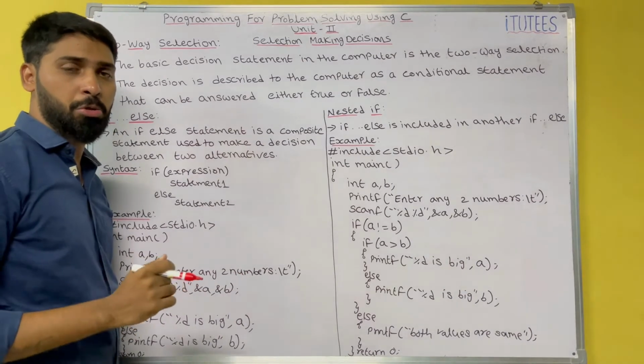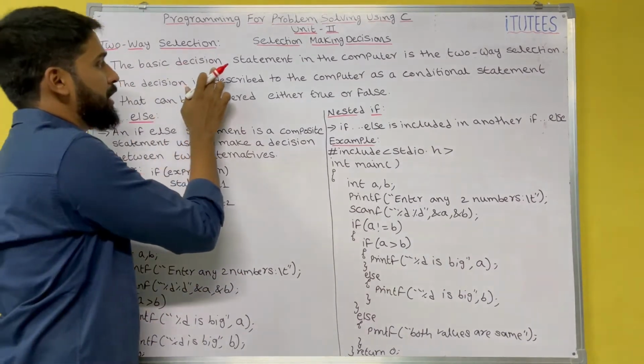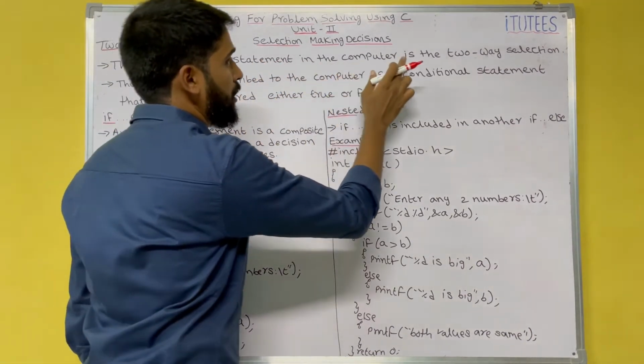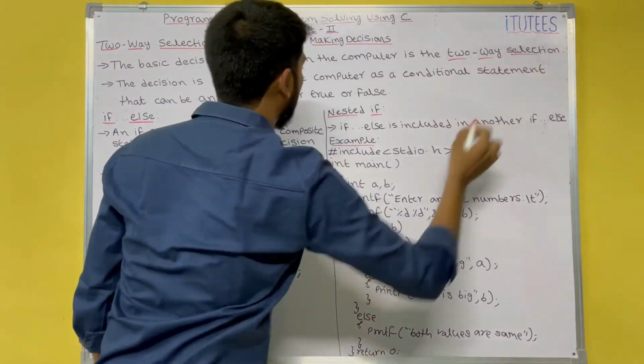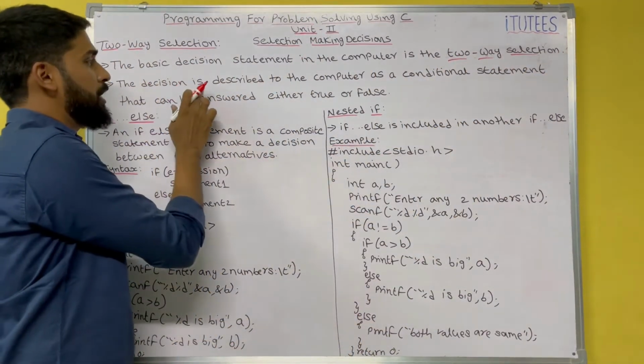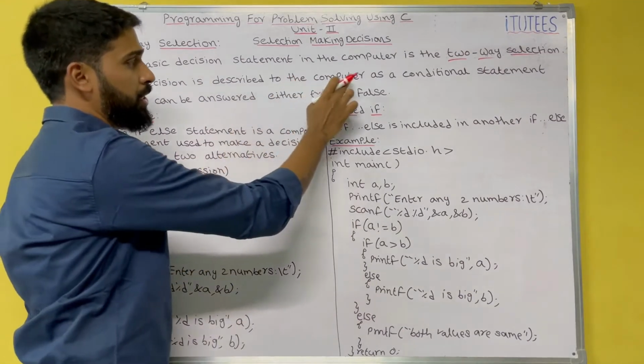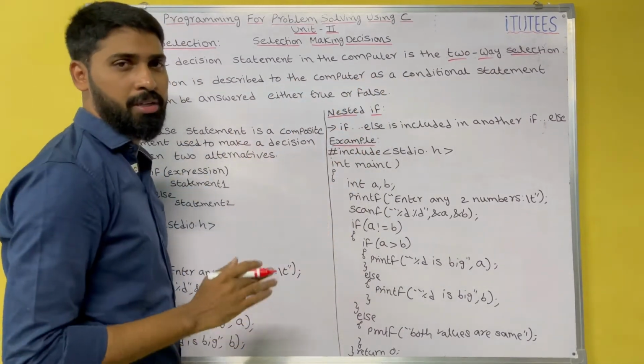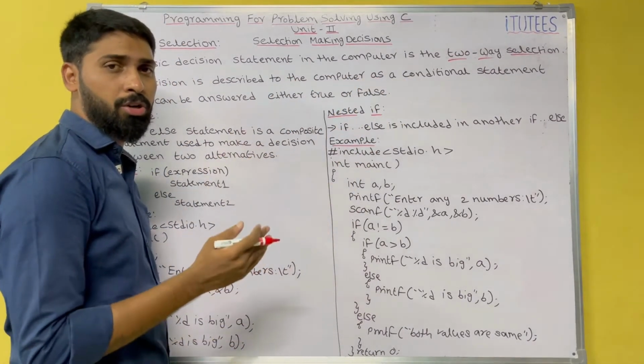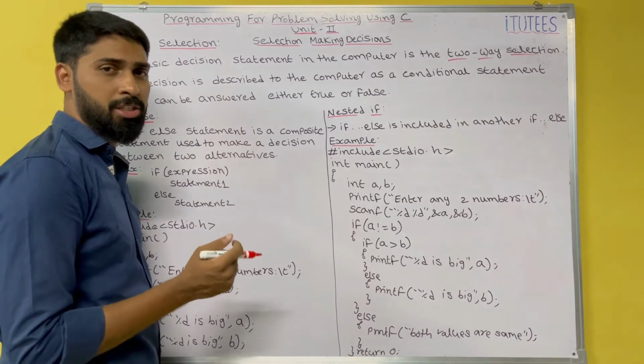Coming to two-way selection, the basic decision statement in the computer is the two-way selection. The decision is described to the computer as a conditional statement, which means you use some relational operators.